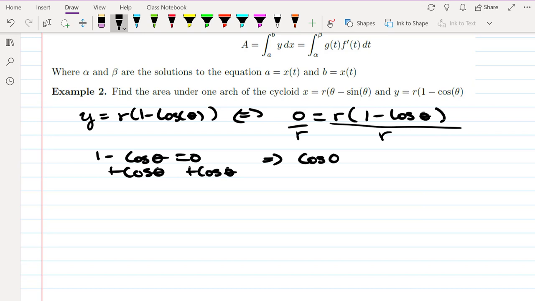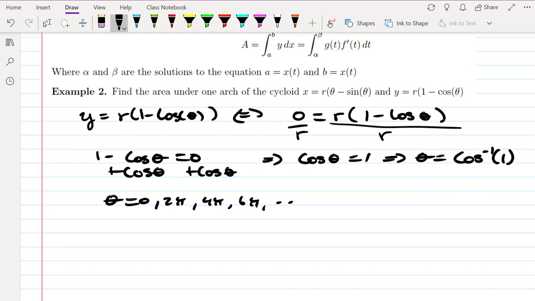So cosine theta equals 1 implies theta equals the inverse cosine of 1. And that means we're going to have theta equals 0, 2 pi, 4 pi, 6 pi, forever. And we'd also have all of the negative ones as well. So it's really a plus or minus.